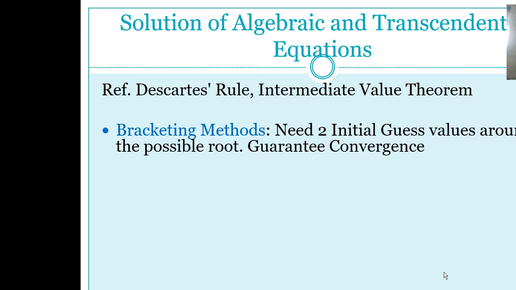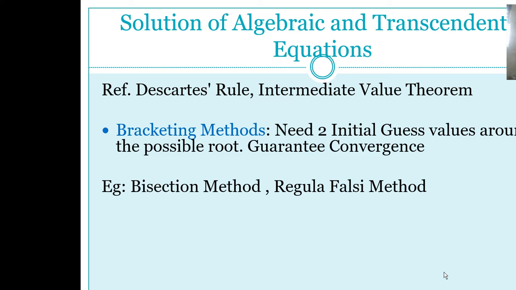Since the starting values are surrounding the possible root, they guarantee the convergence. The bracketing methods are the bisection method and regula falsi method. They require two initial starting values.